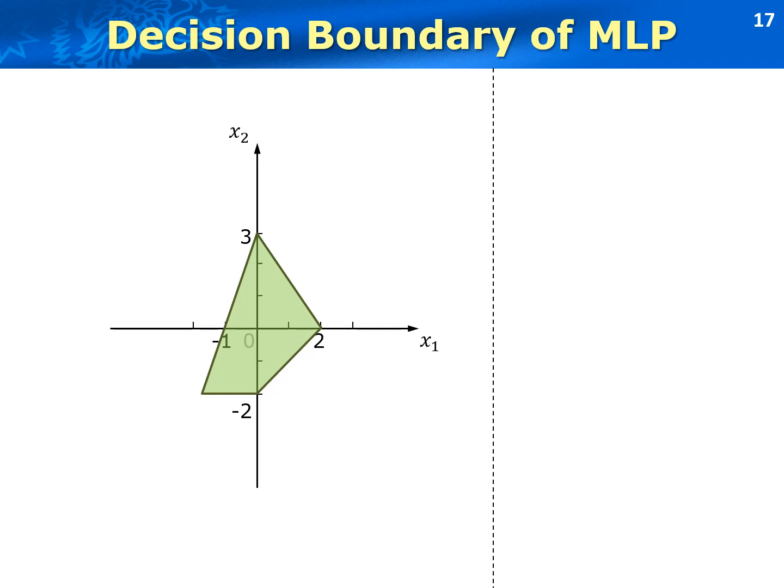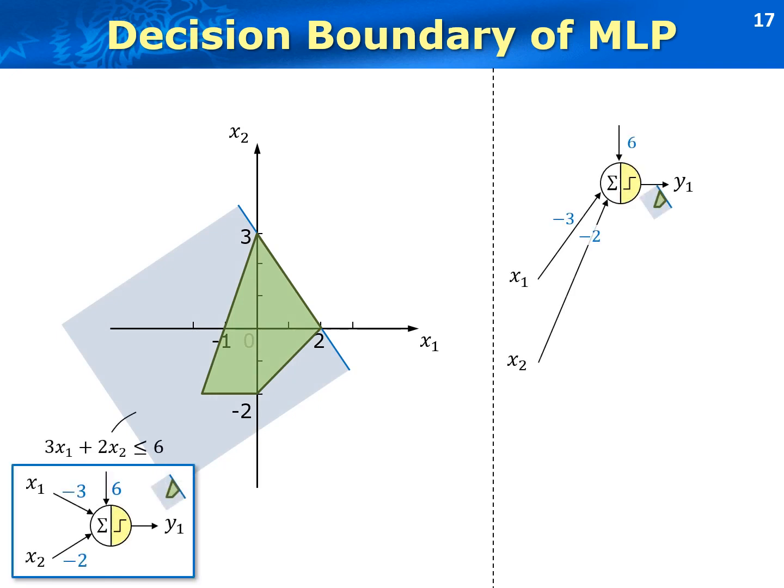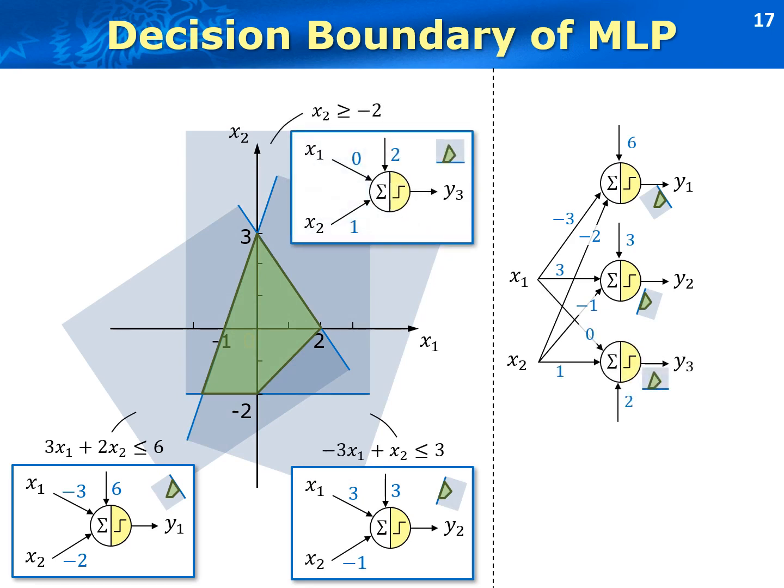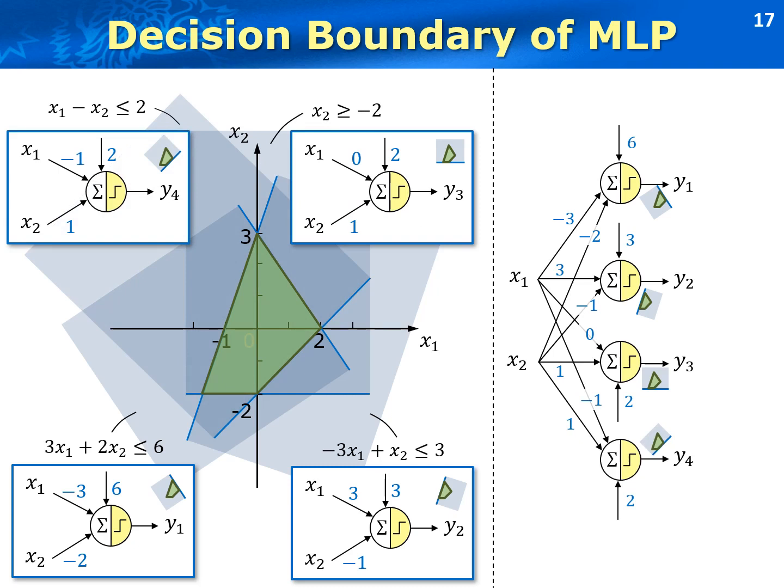For example, this side implies the following perceptron to denote this half space. This side implies this perceptron. And this side corresponds to this perceptron. The last side is associated with this perceptron.